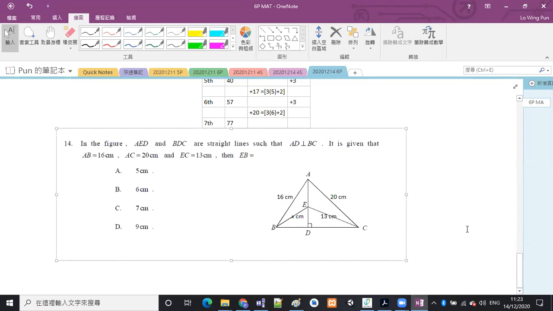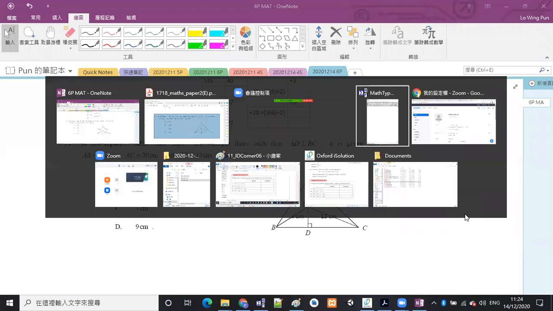好啦，呢度我哋有啲咩計可以做？睇下先。There are so many right-angled triangles, and then we can do this.